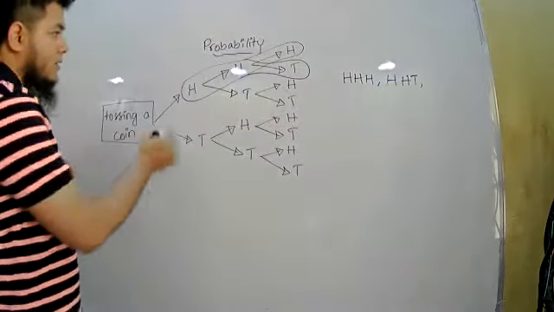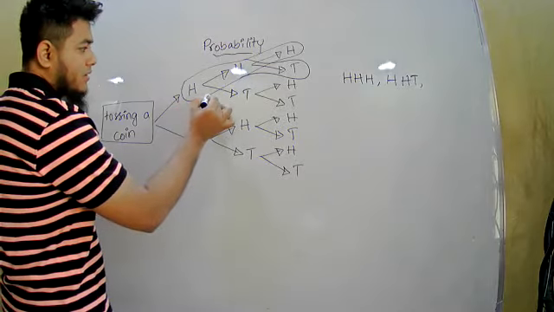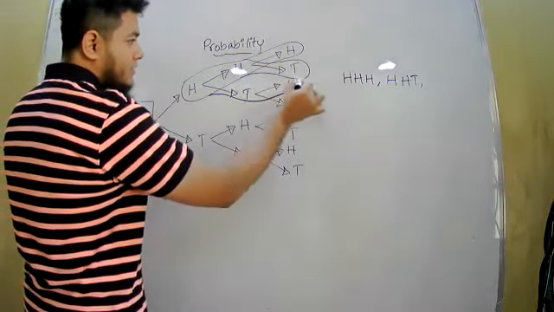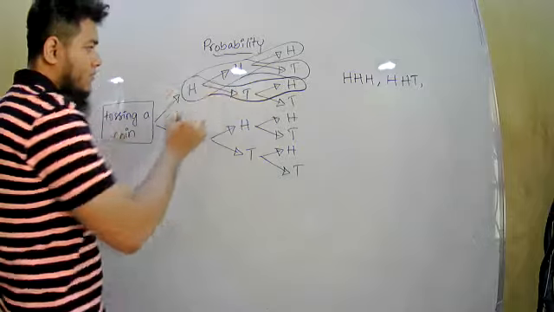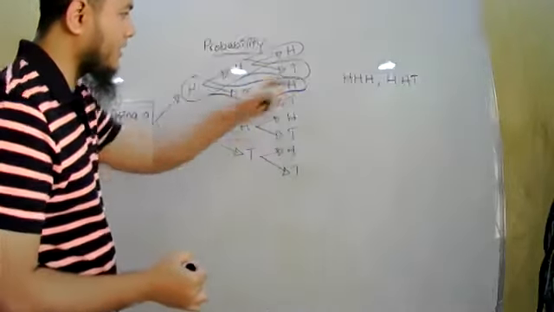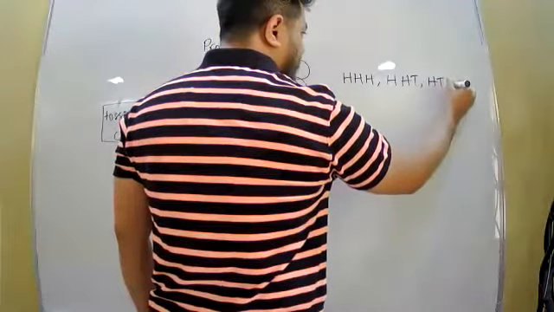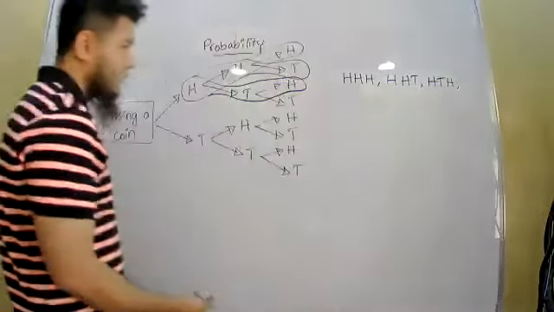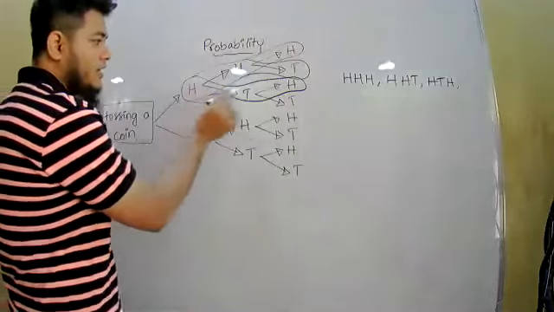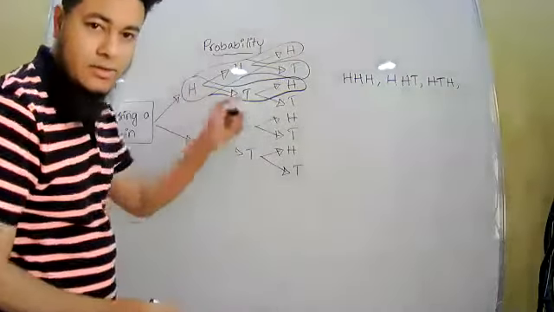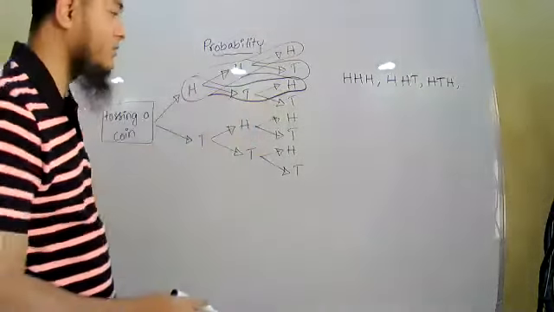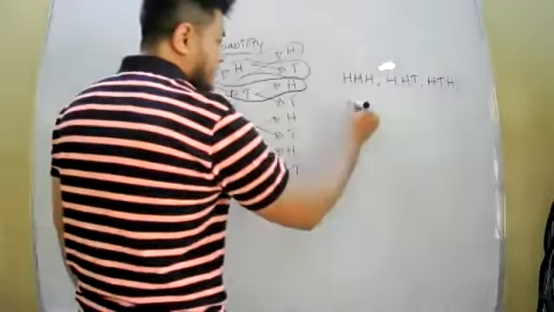Then we might get head, tail, head. This is the next possible outcome. Then the next possible outcome is head, tail, tail. Right? Can you understand how we are listing this?